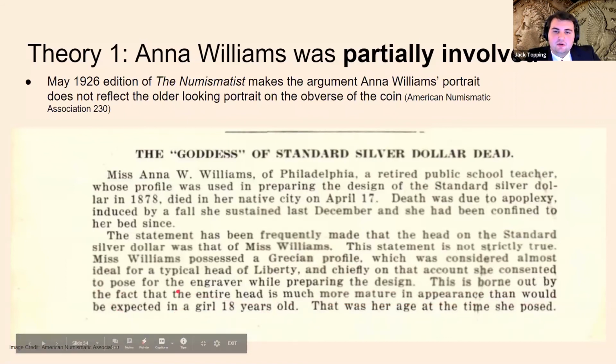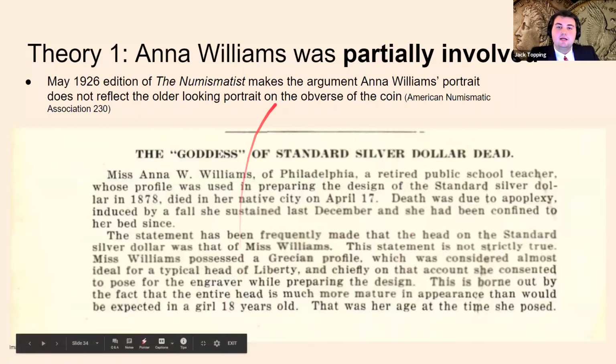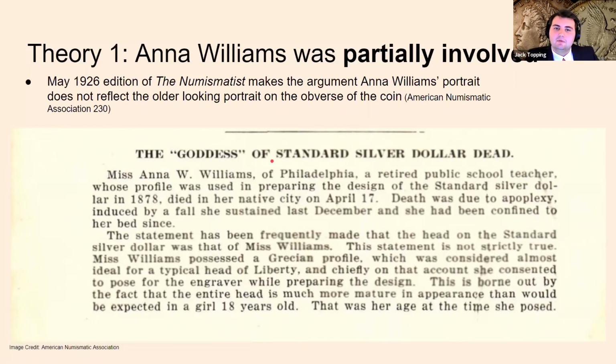So that's the first theory. She doesn't exactly look like an 18-year-old, well, they got the year wrong in this, but a younger person doesn't exactly look like that. So that's the first claim.